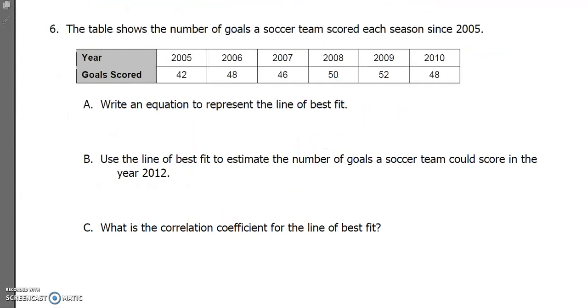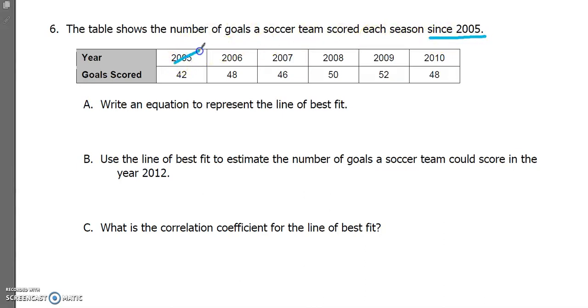All right, number 6 says the table shows the number of goals a soccer team scored each season since 2005. And then they're asking us to write an equation to represent the line of best fit. So we can do that by using our calculators. We talked about this in class, that because it's the year, I'm not going to type in the actual year. This is saying that it's the goals scored since 2005.